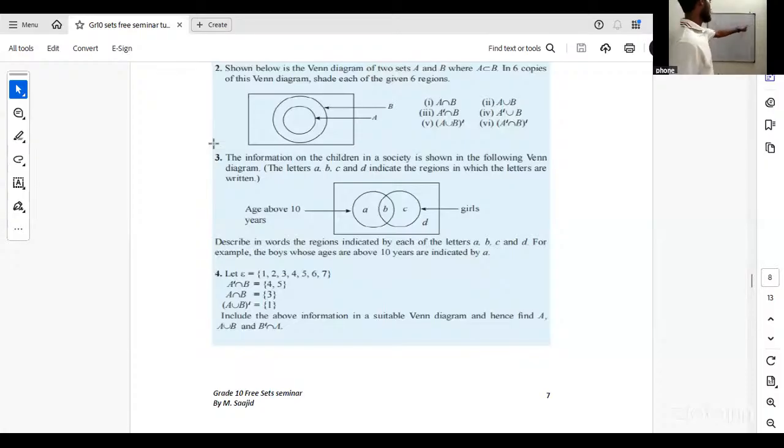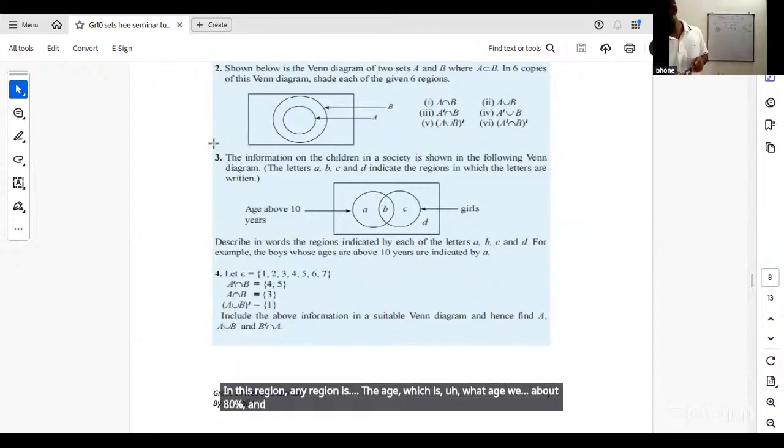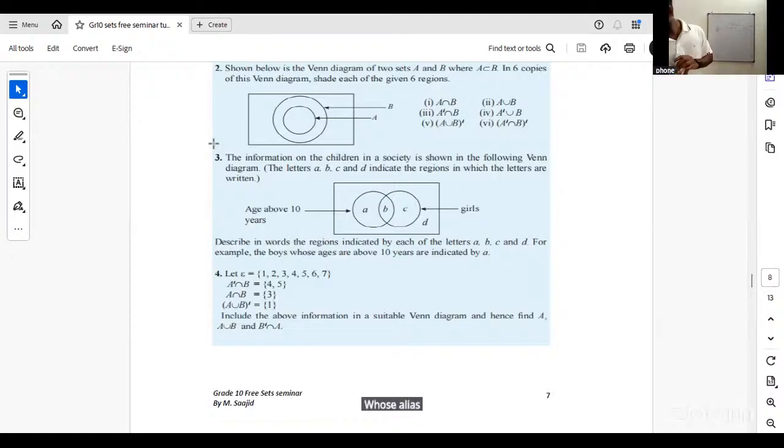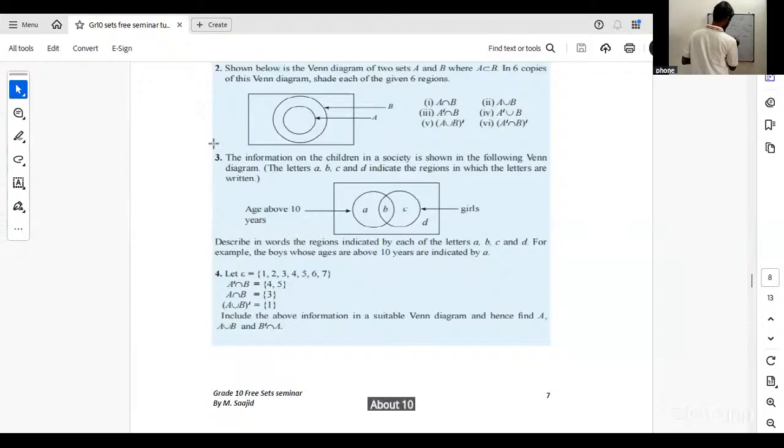This C part, right? C is the girls whose age is below 10 years. And this region, A region, is the age which is above 10 years. And they say the boys whose ages are above 10 years are indicated by A. So that means A means the boys whose age is above 10 years.